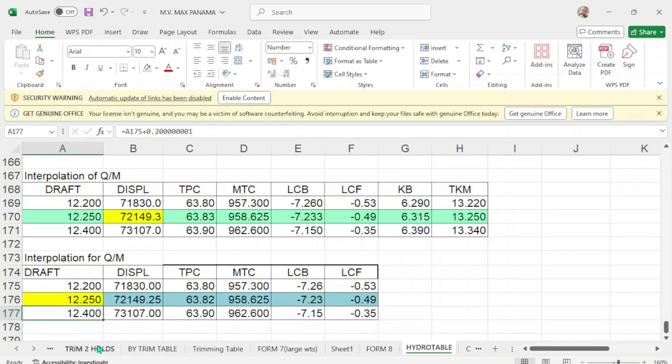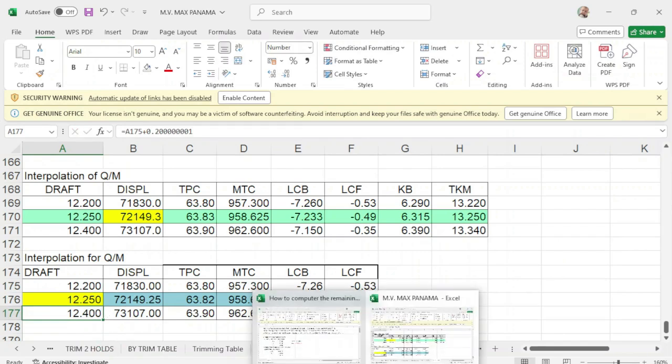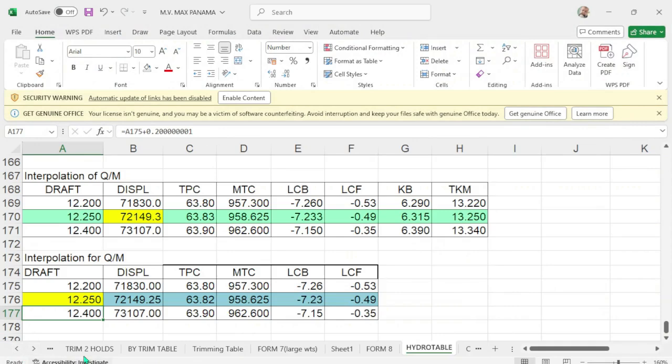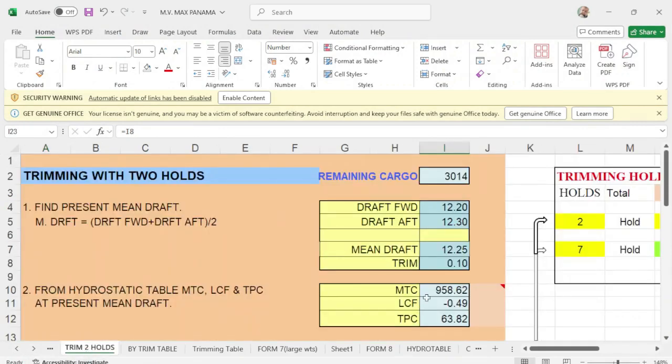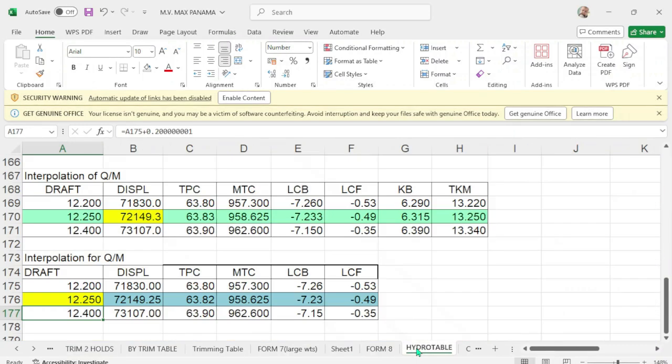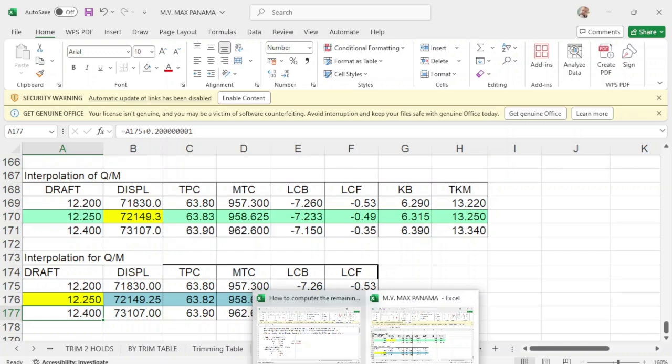There you have 12.25, and it will be asking what your MTC is. MTC is 95862.